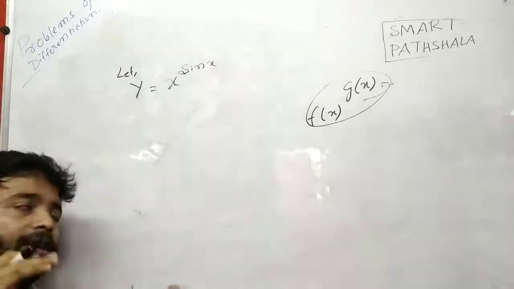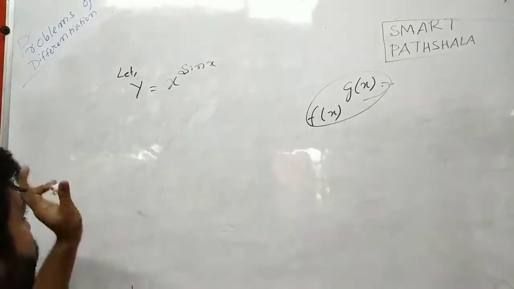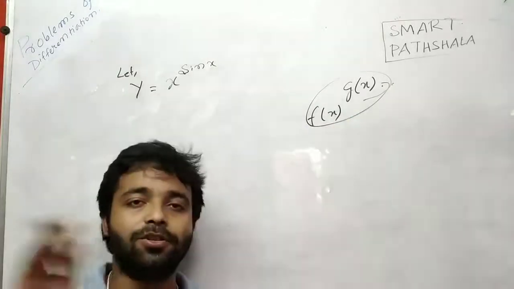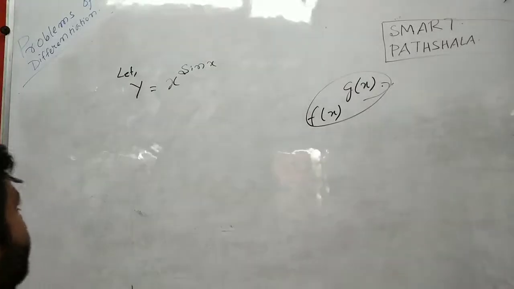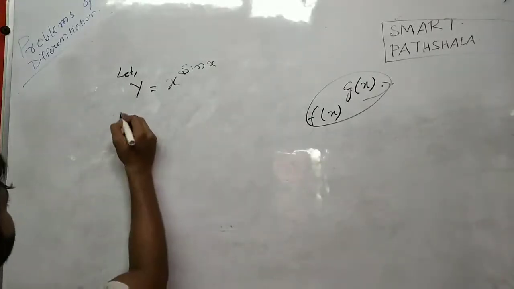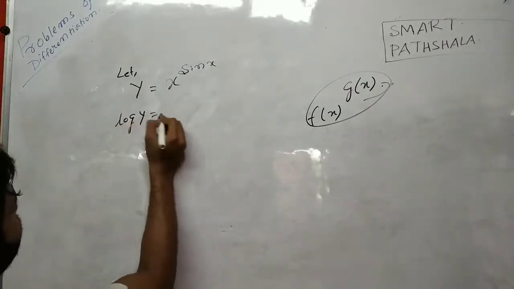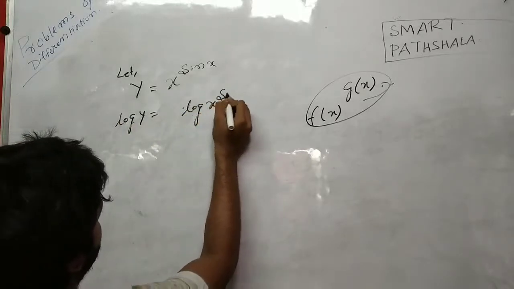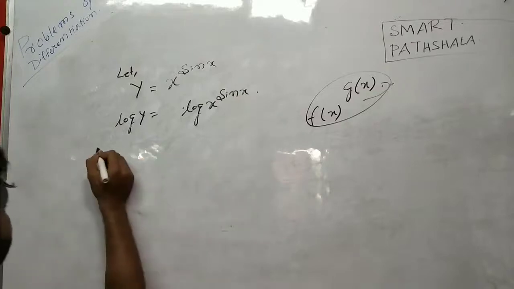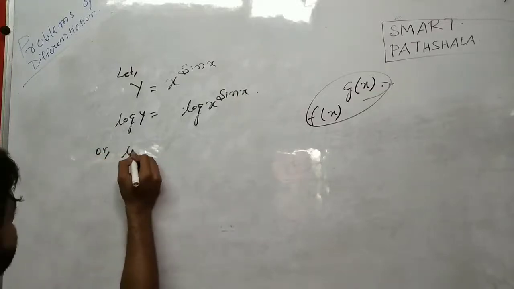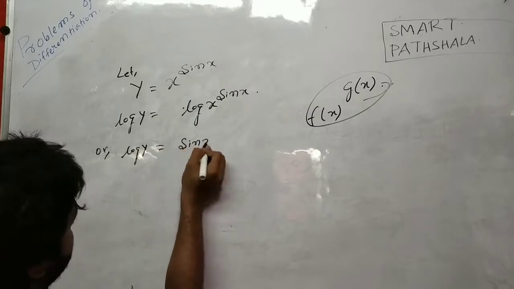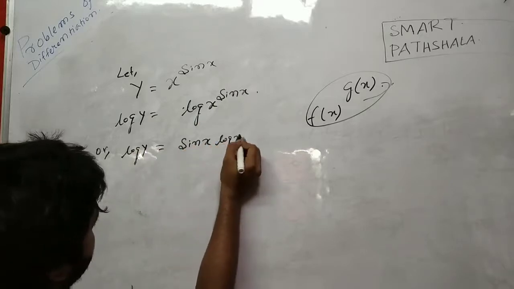So see, this is a technique for how to differentiate any function where you have two functions raised to one another, right? Okay, so what you have to do is to take logarithm on both sides: log of x to the power sin x, and what you have is log of y equals sin x log x.